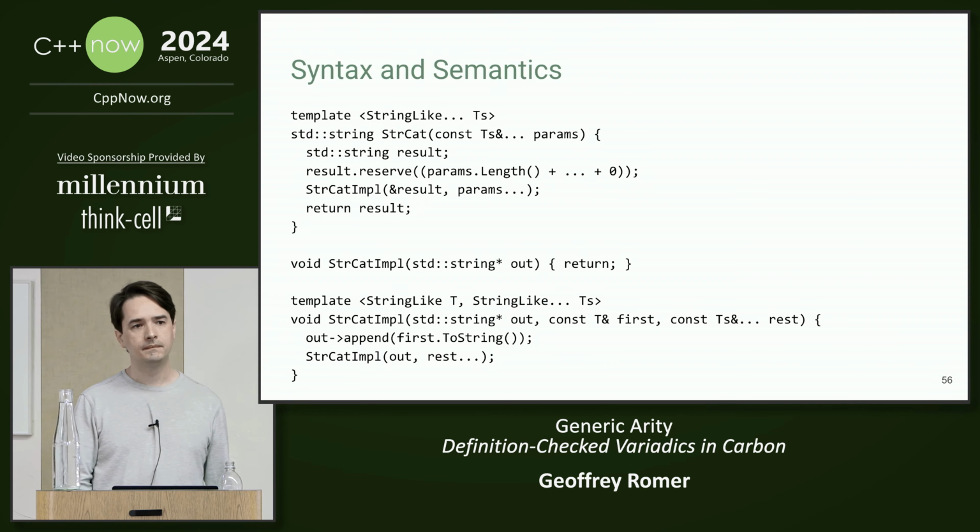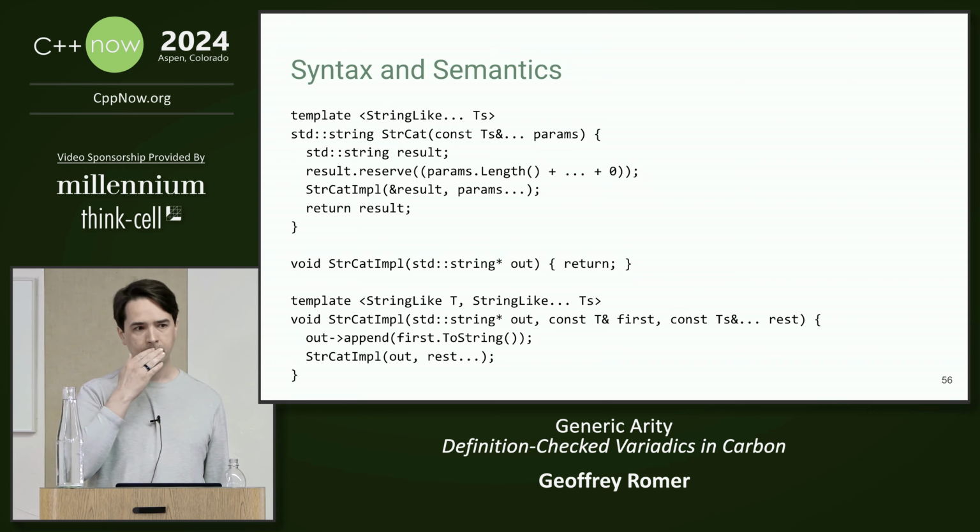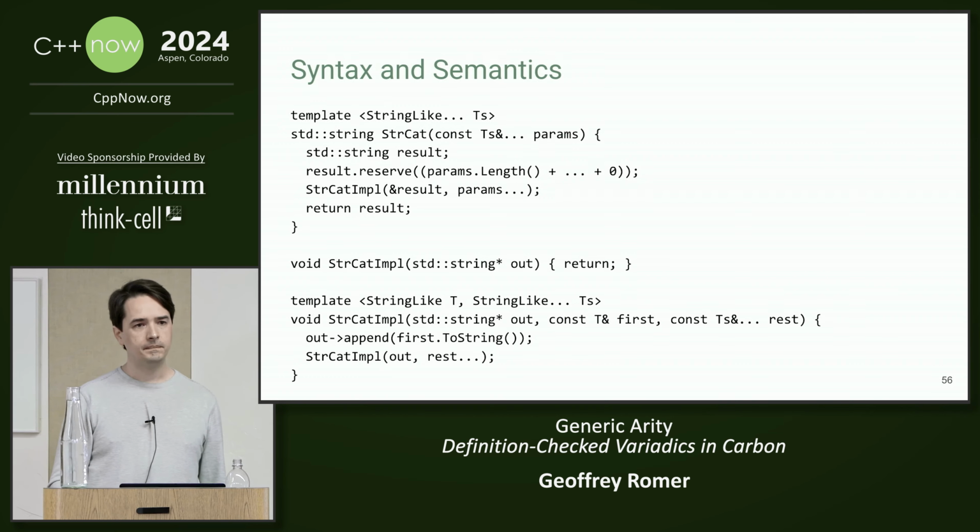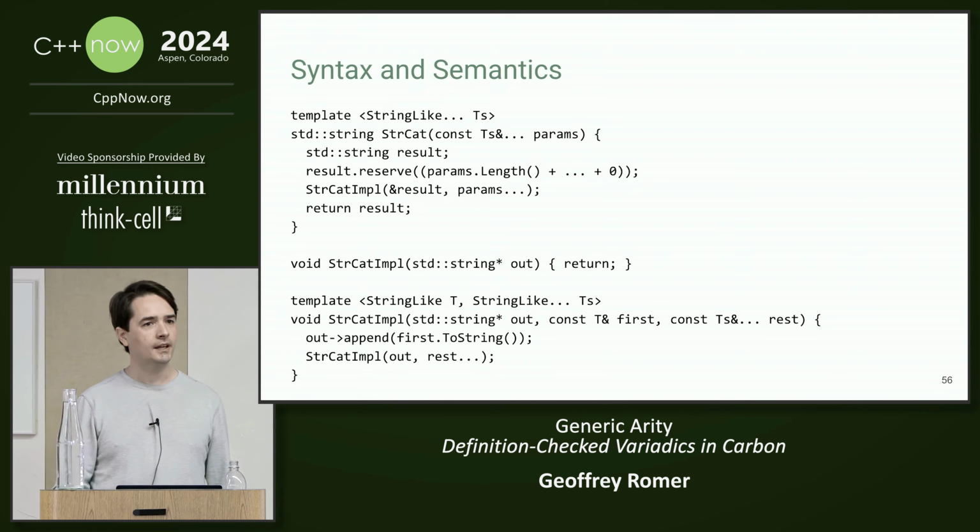And with your strategy with Carbon, do you have the ability to do this sort of thing of taking the head off and getting the rest of a pack? Or is that one of these where you restrict that so you prevent recursion from even occurring? You can do this kind of thing in Carbon.